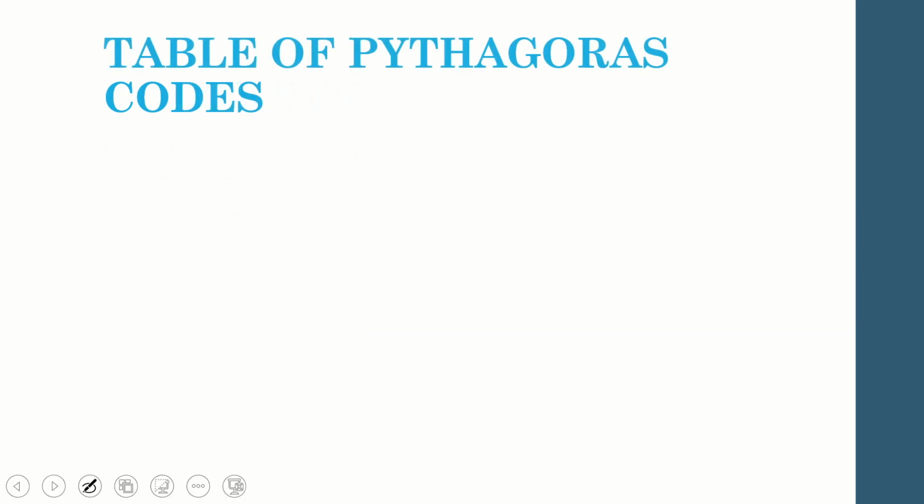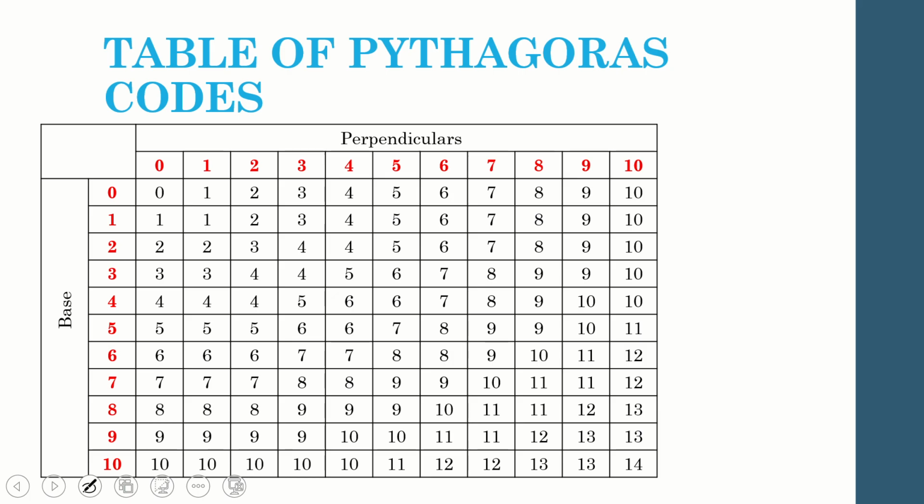So I want to revise once again the table of Pythagoras codes. As I already told you, our procedure is that here we write the base, here we consider the perpendicular, and the resultant of these two is the hypotenuse.